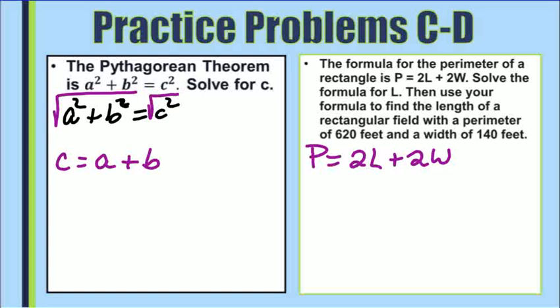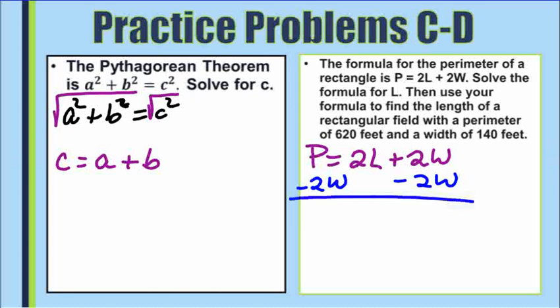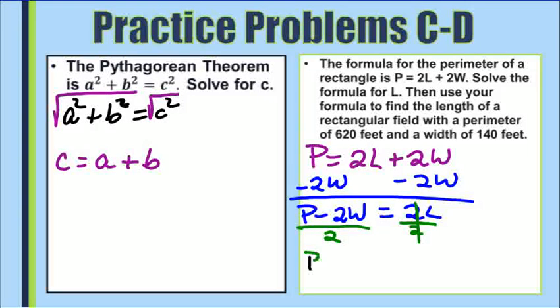I need to solve for L. So the first step is subtract 2W on both sides, and I get P, perimeter, minus 2W equals 2L. To get L by itself, divide by 2. So now I have the perimeter minus 2 times the width, divided by 2, equals my length.